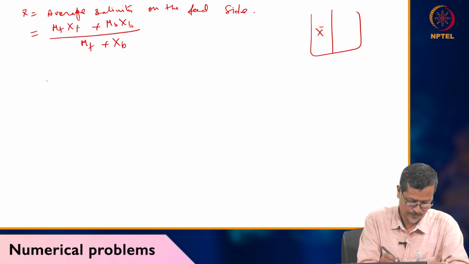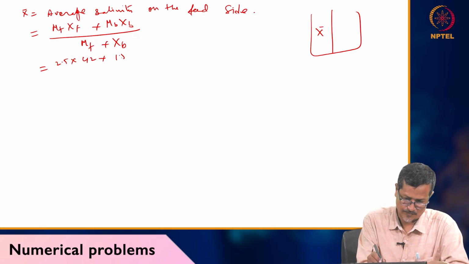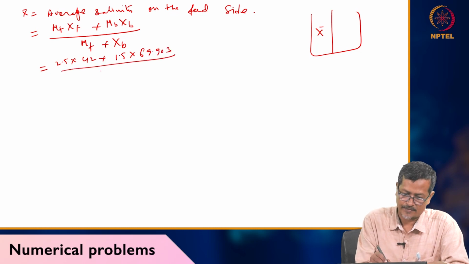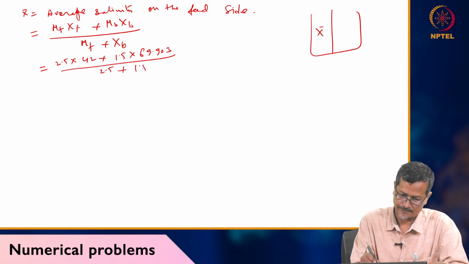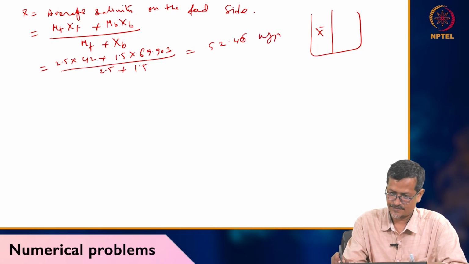This formula you have to remember. So this is 2.5 into 42 plus 1.5 into 69.903 that we just calculated, divided by Mf value 2.5 plus Mb value 1.5. So it is coming 52.46 kg per meter cube.